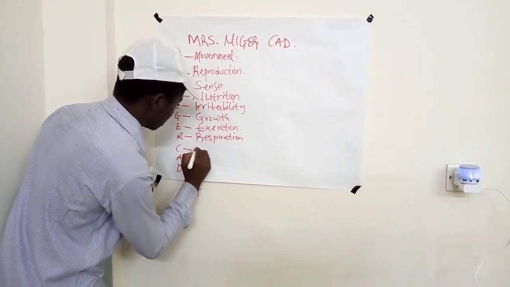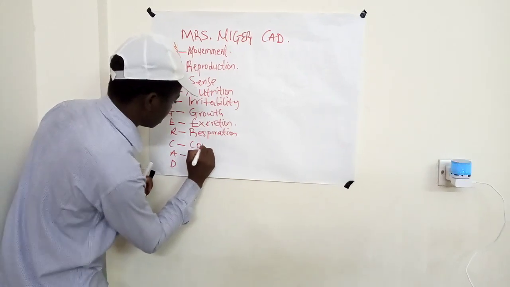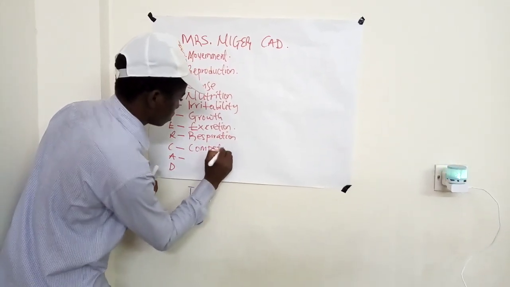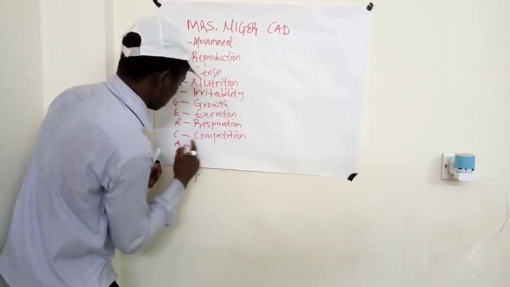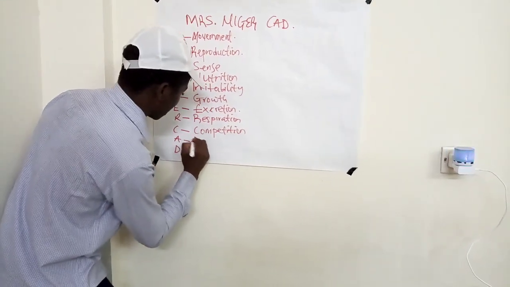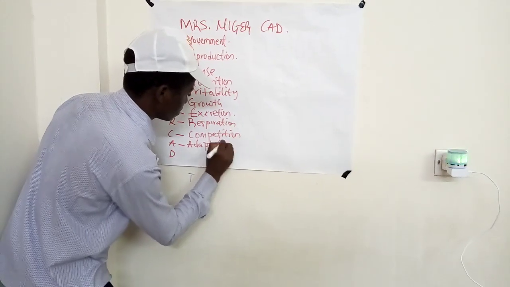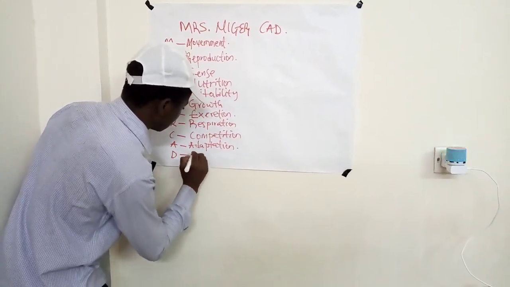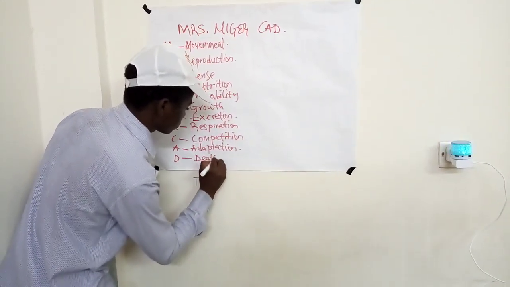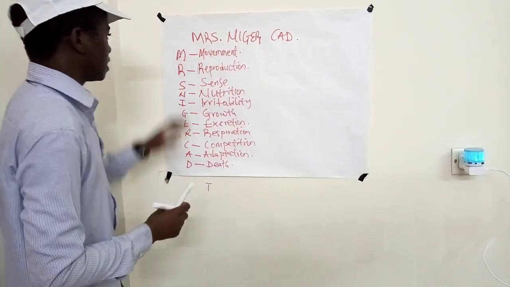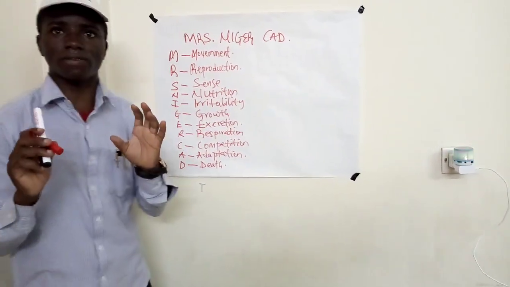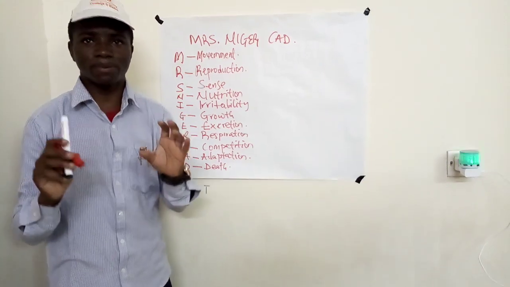The ninth one is competition. The 10th one is adaptation. And the 11th one is death. So now, these are the characteristics of living things according to the basics.